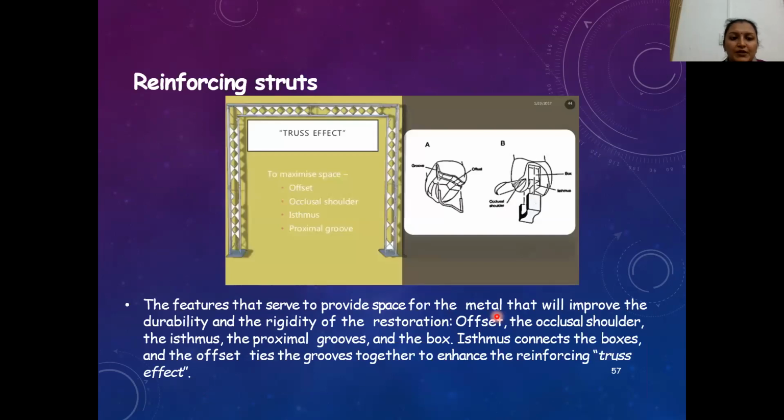Now, reinforcing struts. The features that serve to provide space for the metal that will improve the durability and the rigidity of the restoration are offset, occlusal shoulder, isthmus, proximal grooves, and the box. The isthmus connects the boxes and the offset ties the grooves together to enhance the reinforcing truss effect.